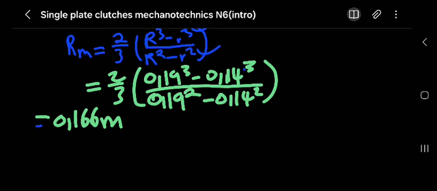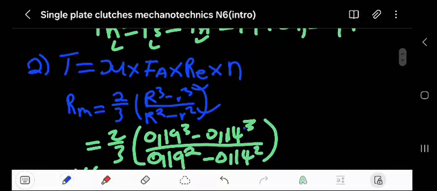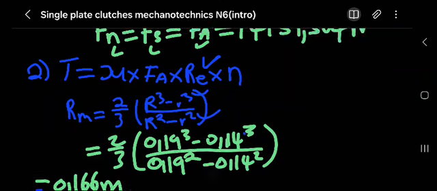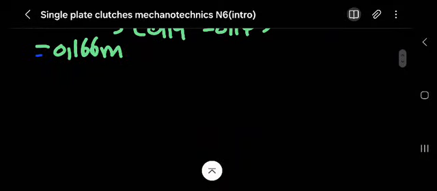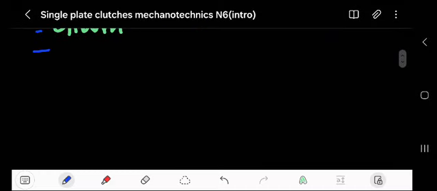Now I have this, so let me calculate our torque. F_A multiplied by coefficient of friction multiplied by R_E multiplied by number of contacts. Then what is our force?